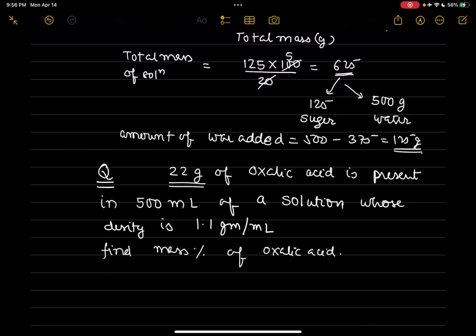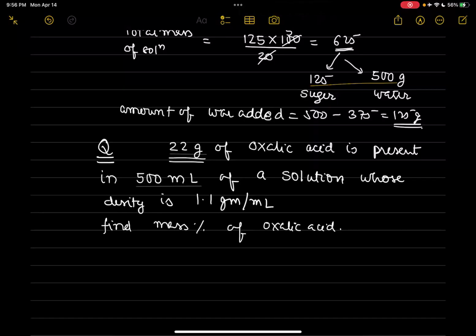You have to find the mass percentage of it. Total mass will be 500 ml. This is the volume, not the mass. Half liter, the volume of the solution. Is it the mass? How heavy is it? Or just the amount? Volume.